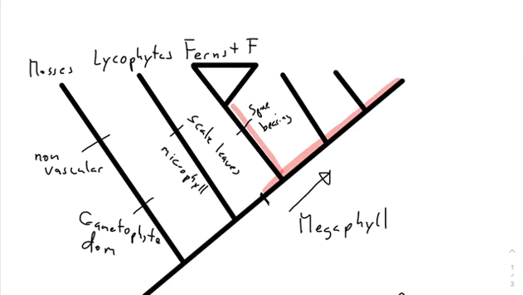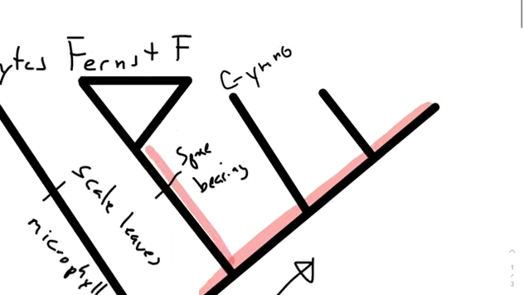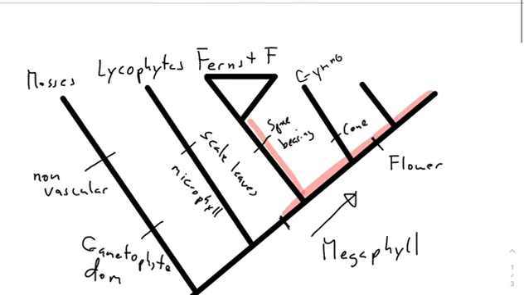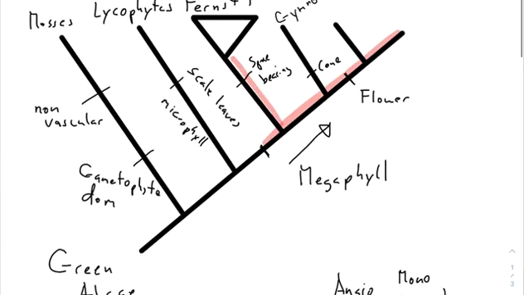Next up, we have our gymnosperms, and these are, let's go ahead and see if we can fit that in. Gymnosperms are characterized by cone-bearing structures. Of course, the other groups have flowers, the angiosperms. The angiosperms are divided into 2 different groups.